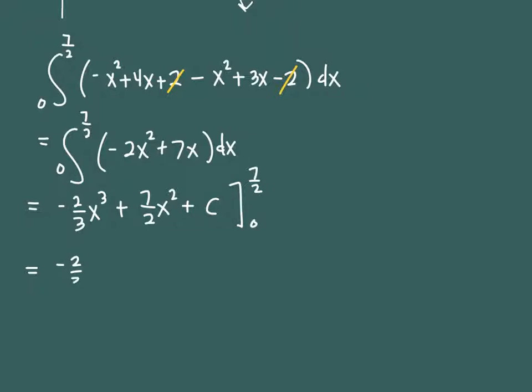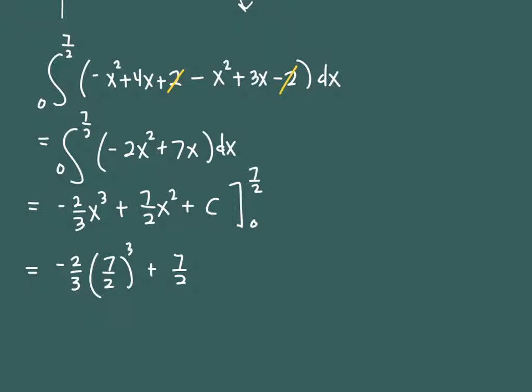We've got negative 2/3 times the fraction 7/2 cubed plus 7/2 times the fraction 7/2 squared. And so what's 7/2 times 7/2 squared? What's a better way to write that? 7/2 cubed.